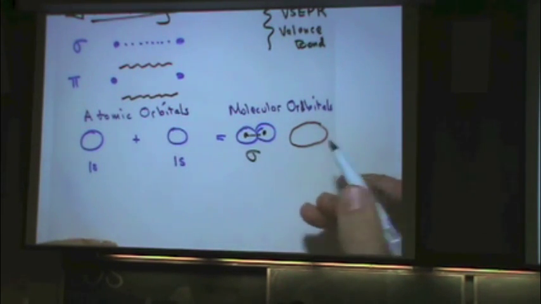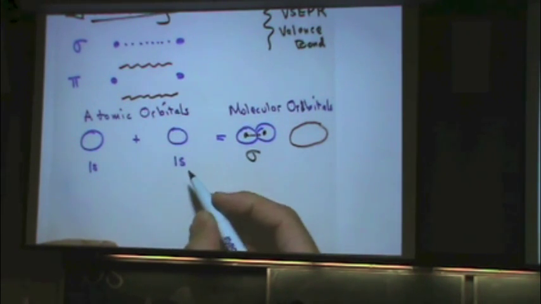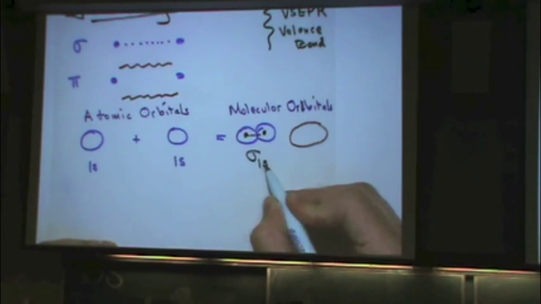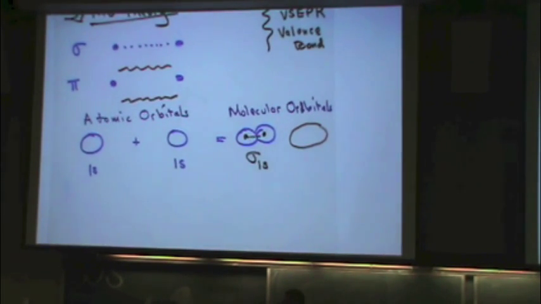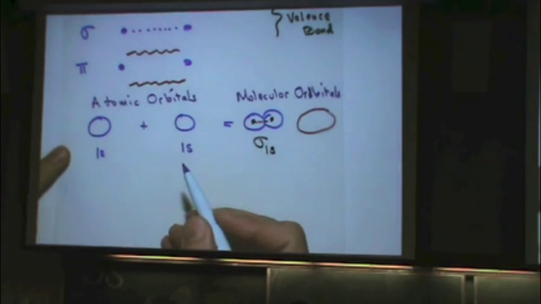And to remember that this sigma bond came from two 1s orbitals, we're going to put a subscript 1s. By the way, sigma is the Greek letter for what English letter? S. Thus, sigma and S go together. Does that make sense? That's why I assume somebody picked that letter sigma. Okay, now every bond has how many parts?